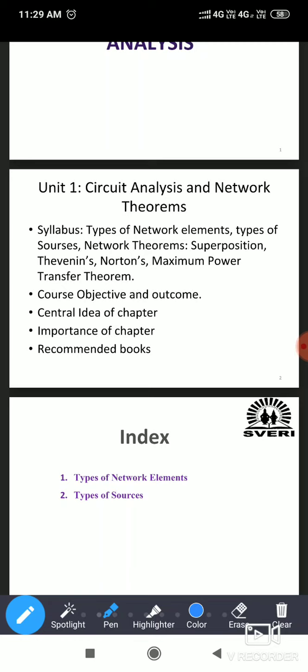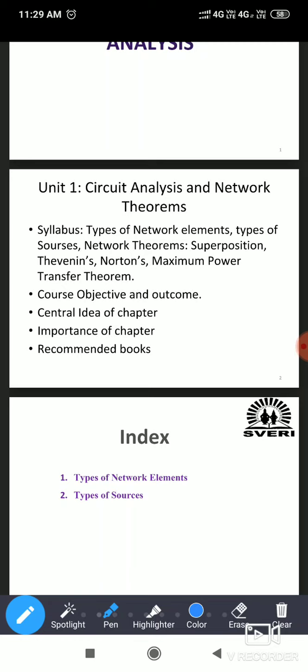Now, the central idea of the chapter. What will be the central idea of unit number 1? If you carefully observe the syllabus, what are you going to learn in this unit? All the network theorems. To solve the circuit parameters, we need some techniques.